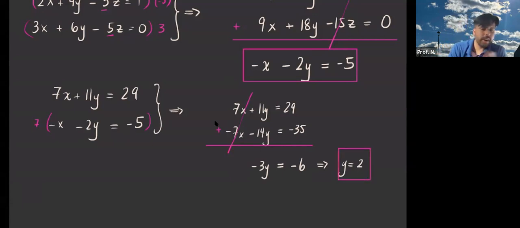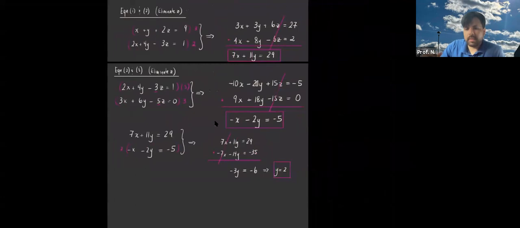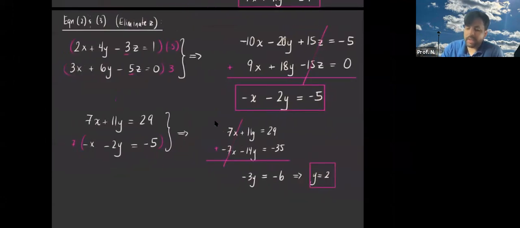So I solved for one of the variables. And then what do I have to do? Get x and z, right? So then I can use any equation that has y in it, and has either x or z in it. So because I'm solving this equation here, might as well find x, right?